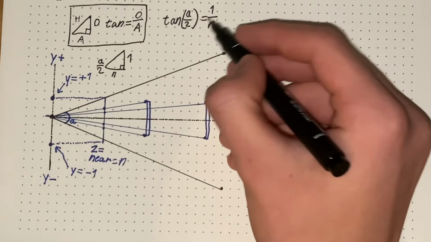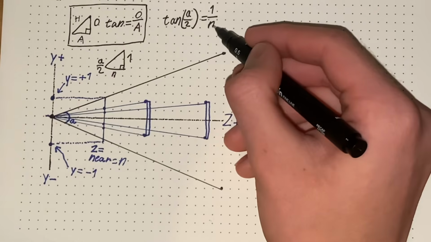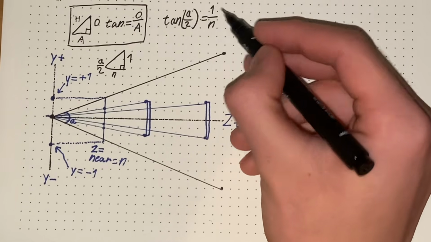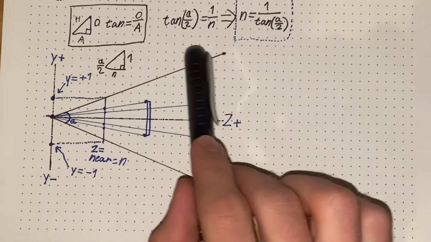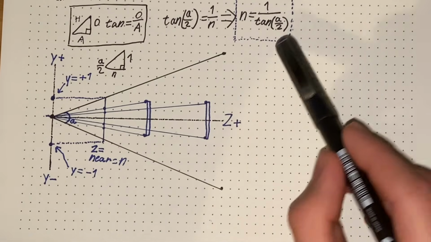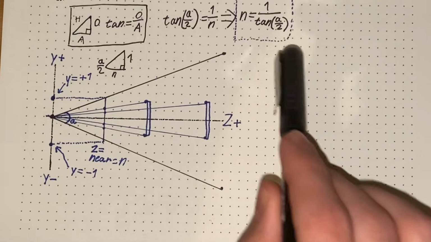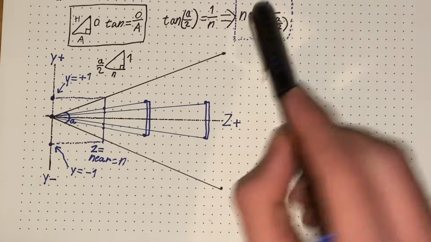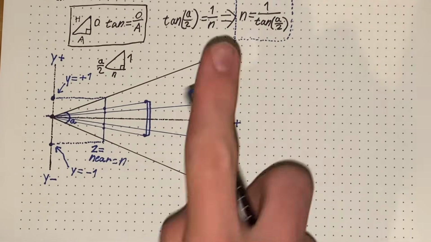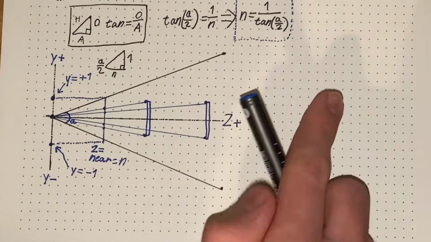If we move this around, we get a definition of just n. So now we have a general definition of n: you can put in an angle and you're going to get an n value. That's going to make our life a lot easier.